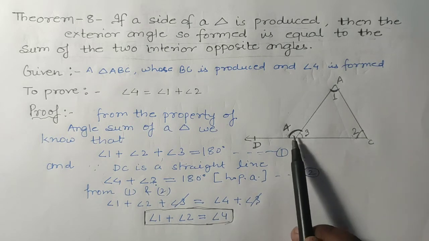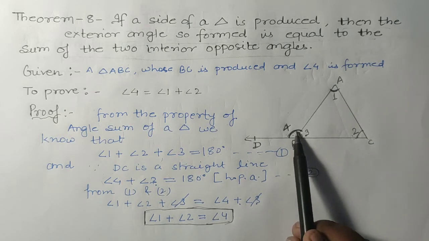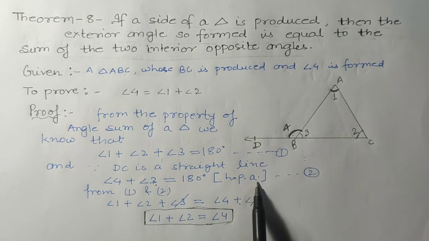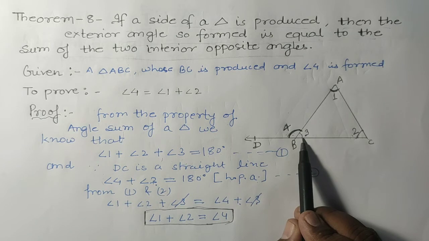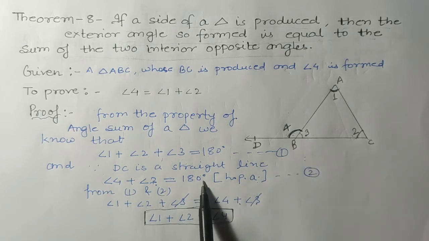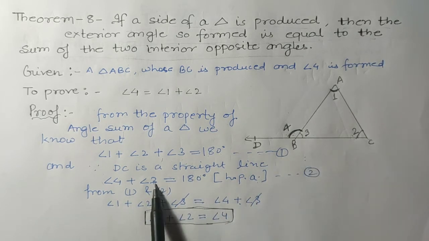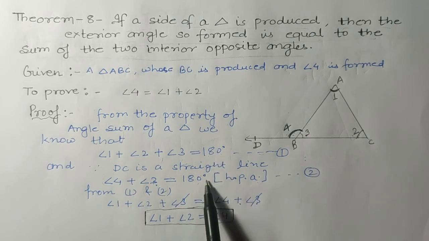And we know that angle 4 and angle 3 are linear pair angles, so their sum should also be 180 degrees. So angle 3 plus angle 4 is 180 degrees. Now both the equations have their right hand side as 180 degrees, so their left hand sides should also be equal. So we have made them equal. Angle 3 and angle 3 are cancelled out. What is left? Angle 1 plus angle 2 is equal to angle 4. So it is proved.